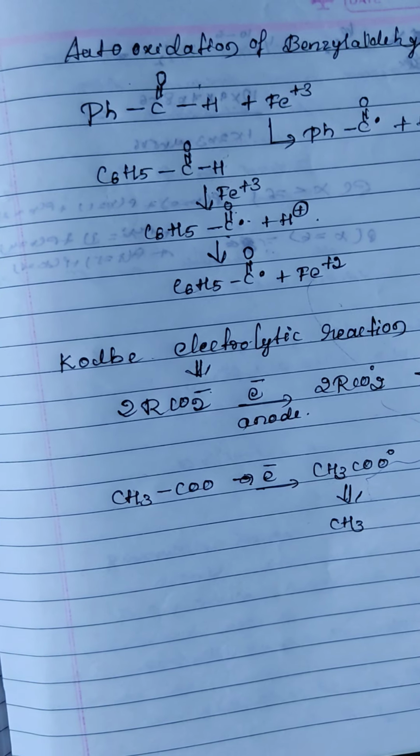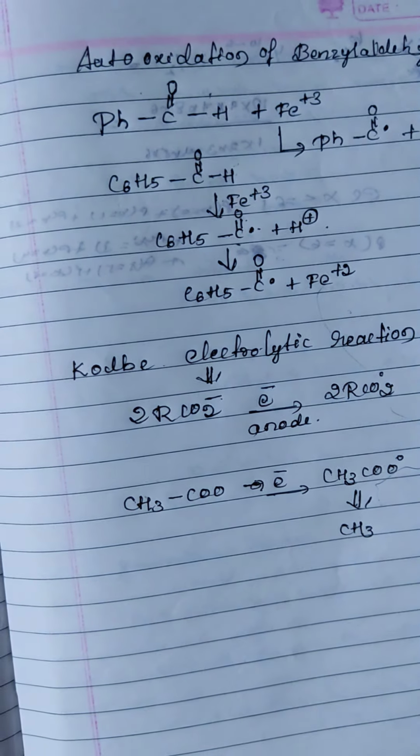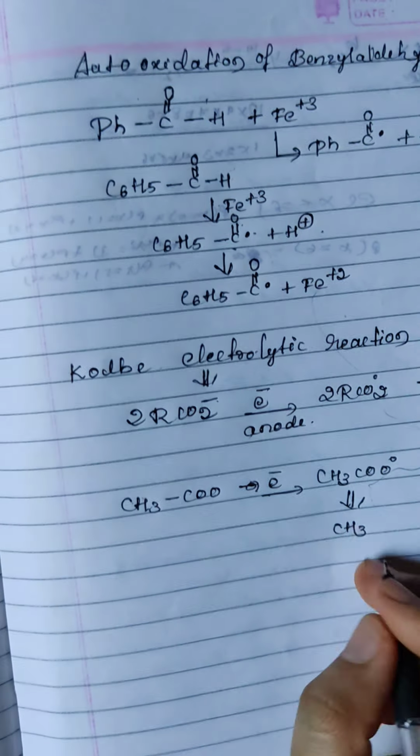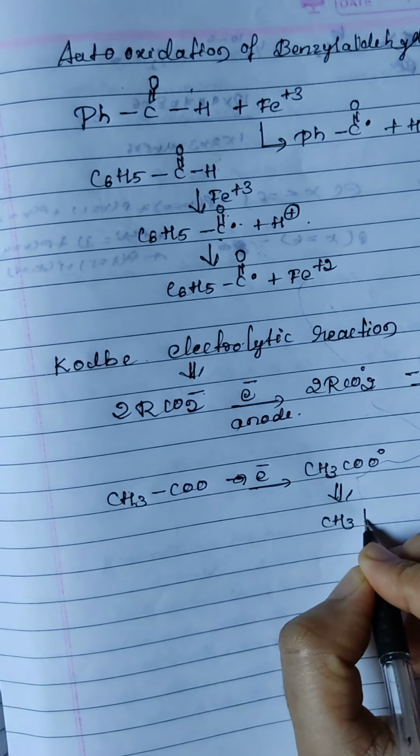That free radical comes at that position, CO2 leaves, and CH3 remains outside.